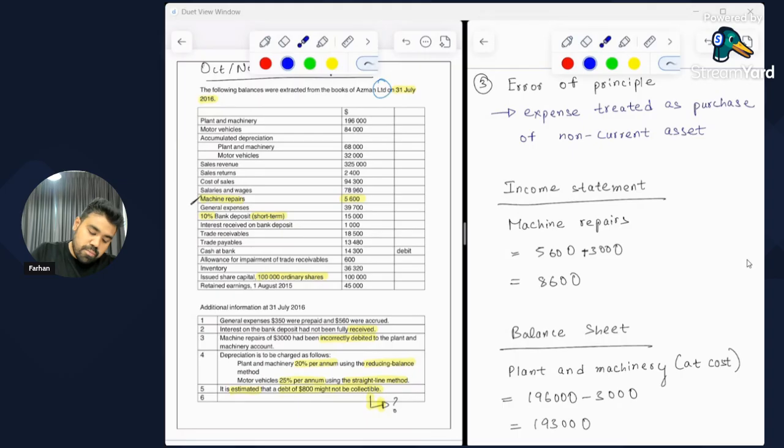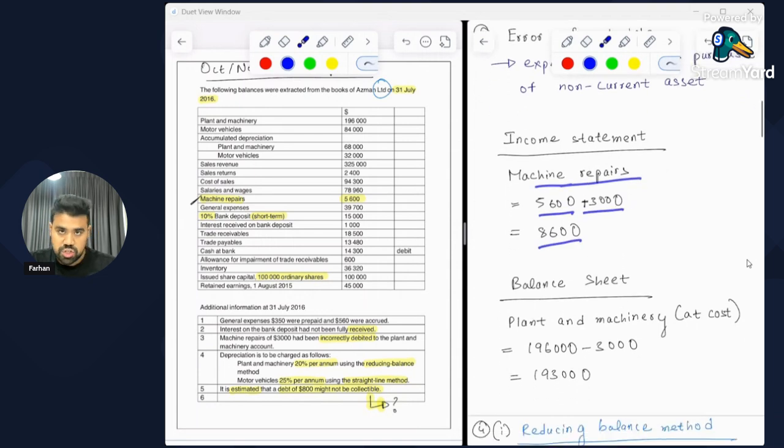But this amount excludes the $3,000, which we incorrectly debited as the purchase of a non-current asset. So when you prepare the income statement, the machine repairs is fixed by adding the $3,000 to the $5,600 that we got from the table, and we get $8,600 as the total machine repairs expense that we report in the income statement.